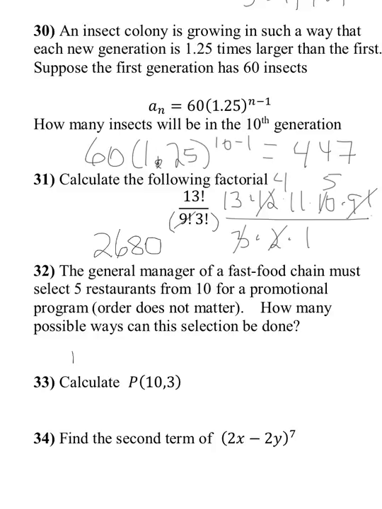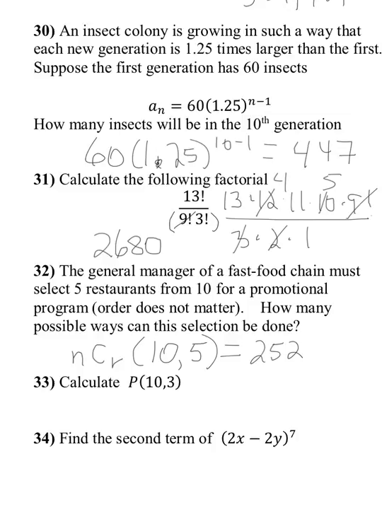In combinations, you're going to select 10, 5. That's 10 choose 5. You're going to hit enter and it's going to give you 252.